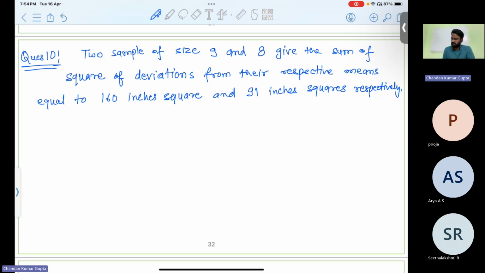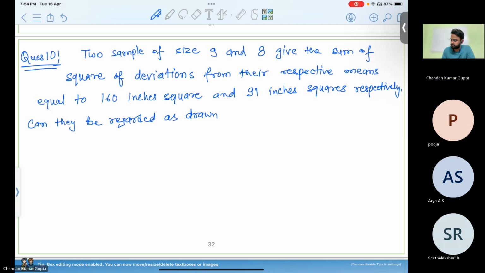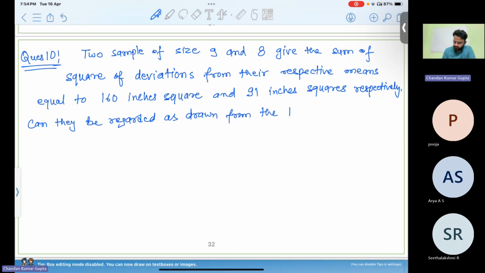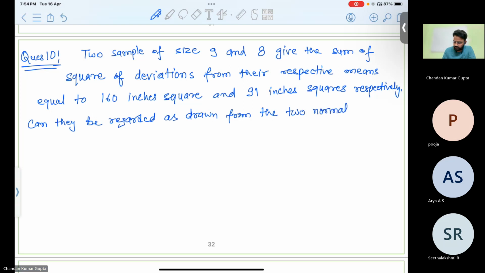Now, can they be regarded as drawn from the two normal populations with the same variance at 5% level of significance?